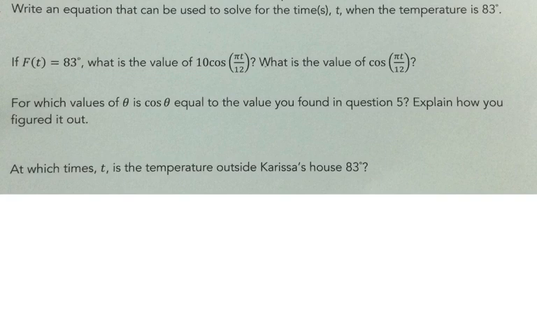You agree with that? And 17? I get behind that. So it appears that the answer should be 7 and 17. So we have an idea before we solve it. We should get 7 and 17. Now let's write an equation that could be used to solve for these times.